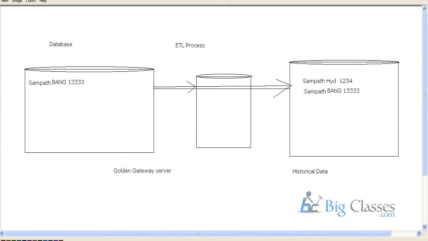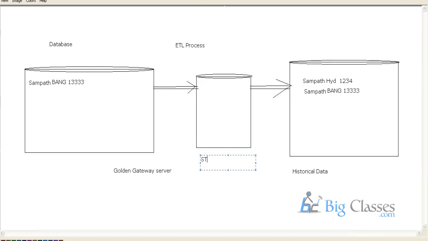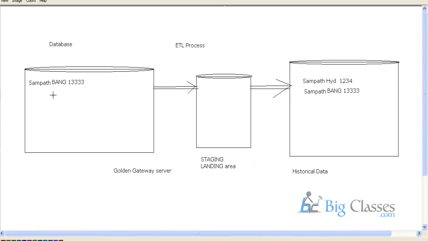Now once the data is available, maybe we are going to have one more layer here. We will call it a staging or landing area. So whenever there is a change, immediately put the data into your secondary database, your landing area or staging area, using your Golden Gate application.